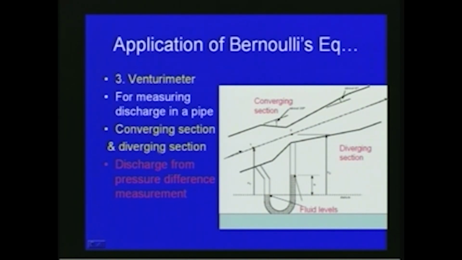So now with respect to this converging section and diverging section, we want to find the discharge, which is obtained from the pressure difference measurement between section 1 and 2.